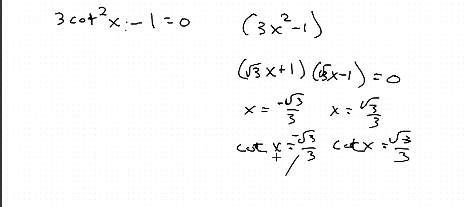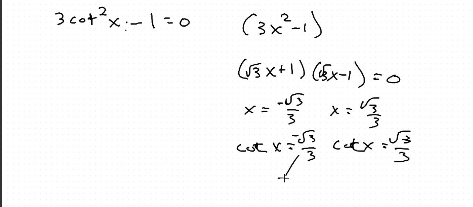I have the x inside of the trig function, so when I'm solving for x, I'm finding an angle, right? Mm-hmm. So this is asking me, what angle is the cotangent of x equal to negative root 3 over 3? It would be cotangent 30. Yes.